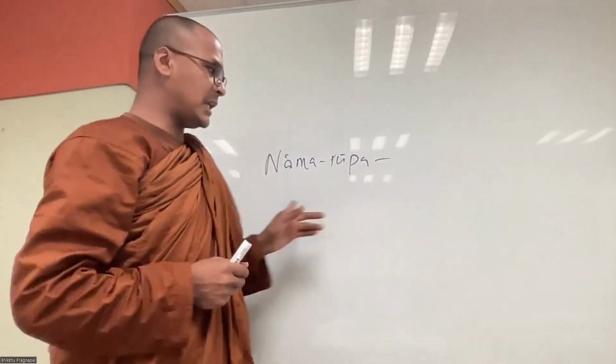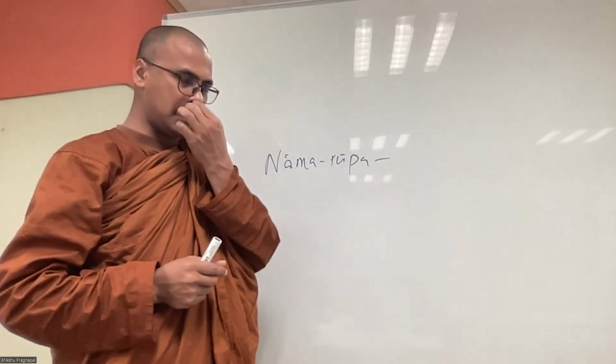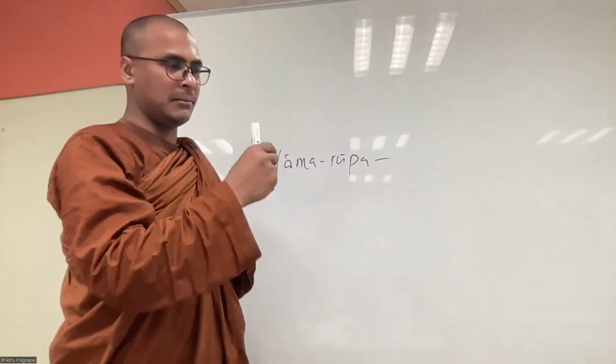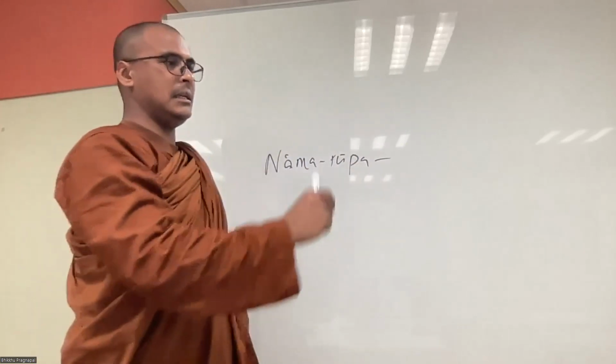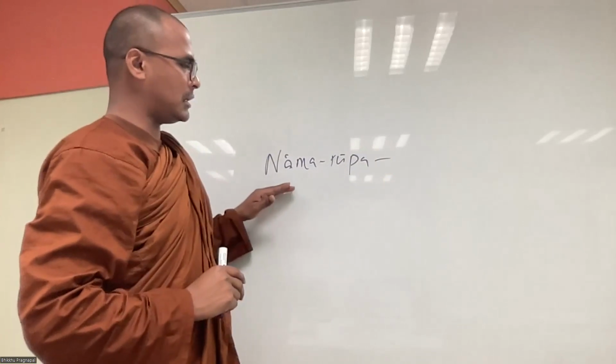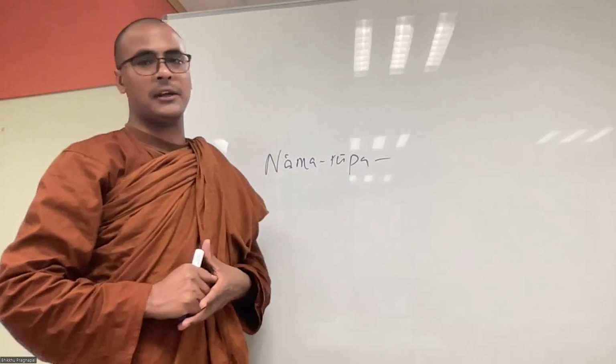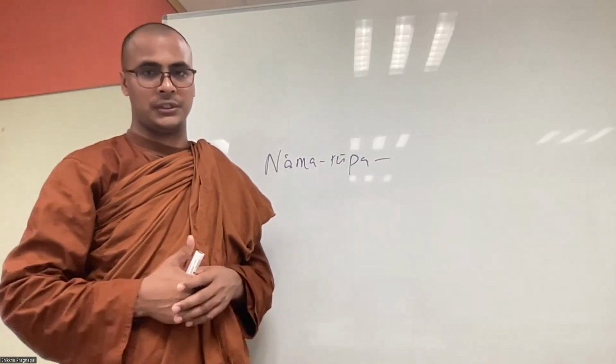At the same time, they will give you a lot of references. For example, in the Anguttara Nikaya, this sutta; in the Majjhima Nikaya, this sutta; in the Digha Nikaya, this sutta. Once you remember the sutta name and number, you can go to those particular suttas and find out more about it.